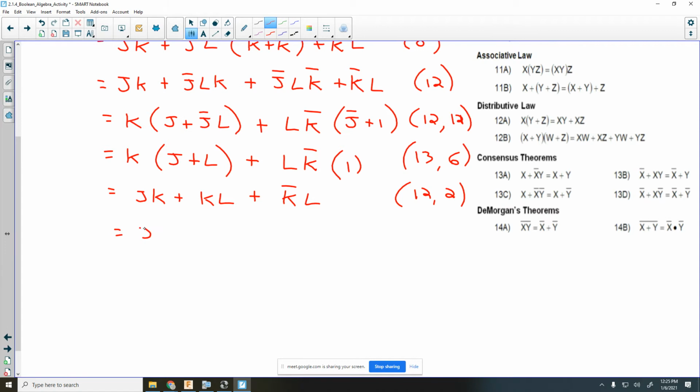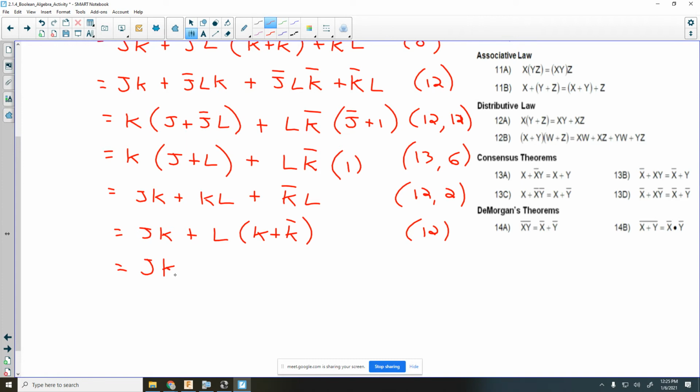So then I have JK or L, and out of both of those terms, I can take out what? An L. And K or K naught. So that's rule 12.